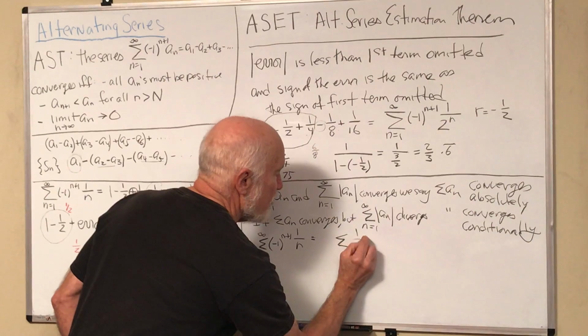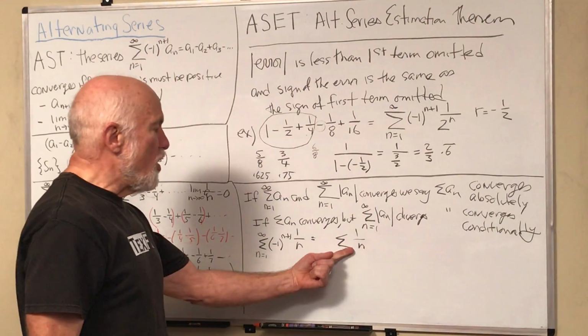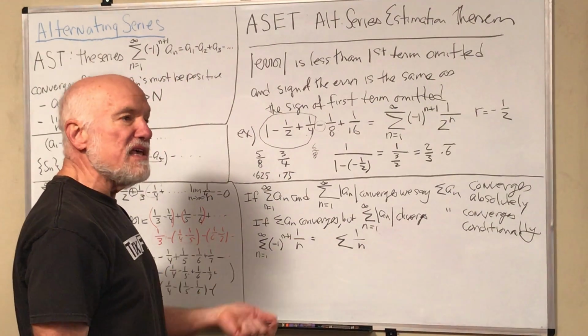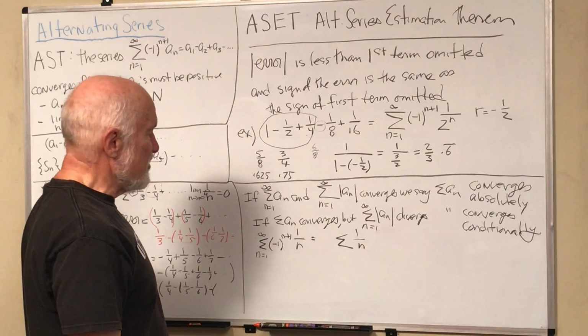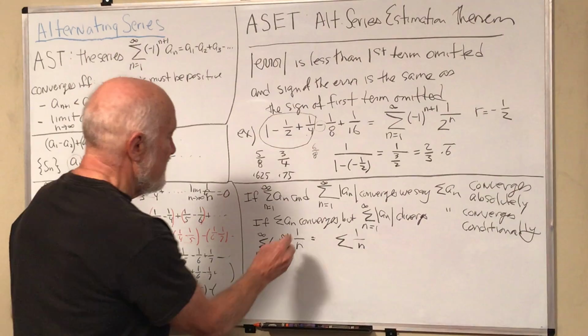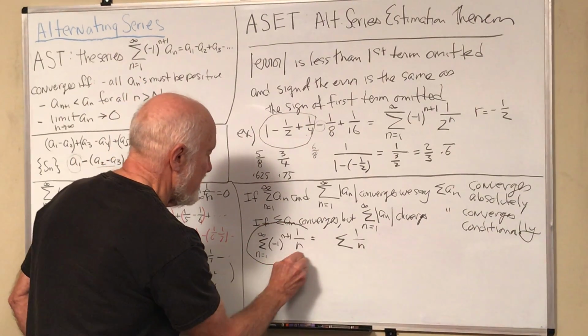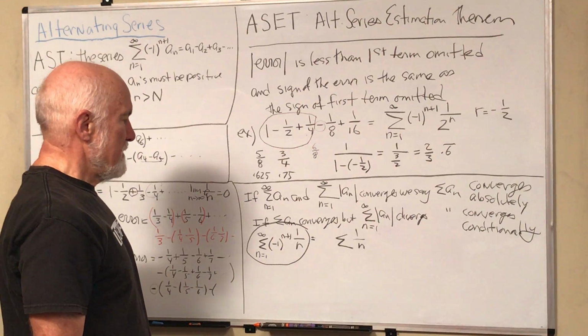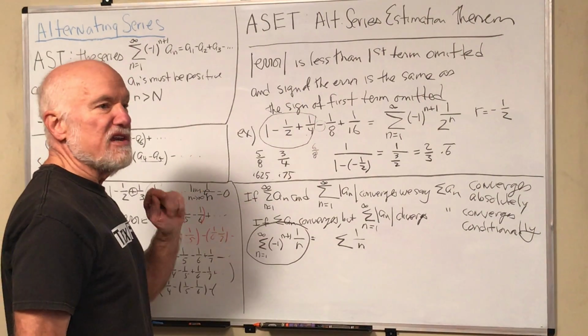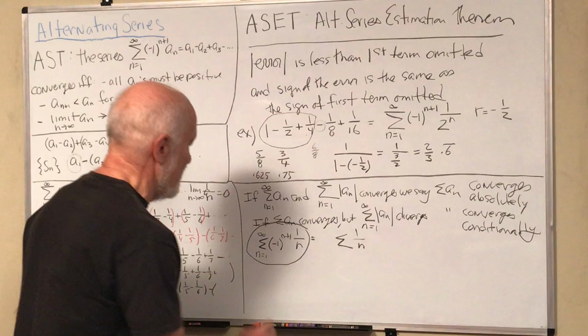Then you would just have 1 over n. And we know that that's a p-series with p less than or equal to 1, which diverges. So that would mean that this series right here converges conditionally. It only converges when it's an alternating series, not when it's a non-alternating series.